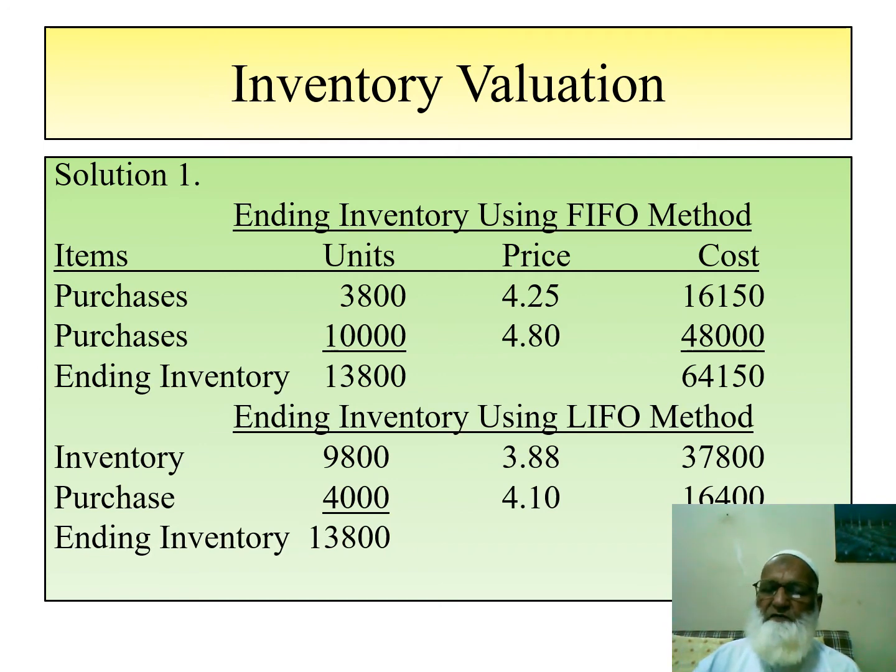It is very easy. If you go back and see how this is done, you will be able to understand it very easily. So this is how the LIFO method is used, and in the next slide we are going to learn how the weighted average method is used.